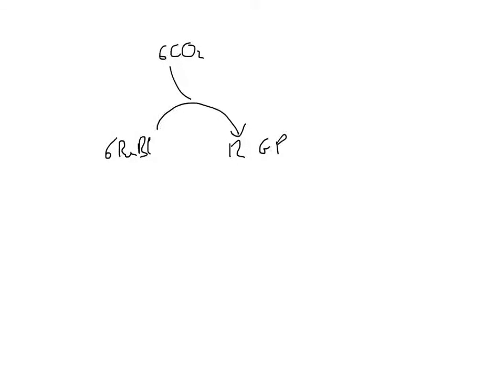I'm just going to abbreviate to GP for the purposes of this. Those 12 GP then get converted into 12 triose phosphate, which again I'll abbreviate to TP.